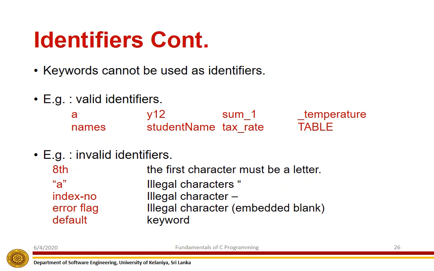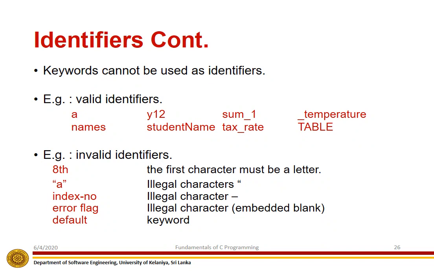Now invalid identifiers. The first one is 8, starting with a digit, so it is an invalid identifier. Then a with double quotes. Double quotes are special characters. We cannot start an identifier with a special character and cannot have special characters in an identifier. So this is an invalid identifier. Then index dash number.